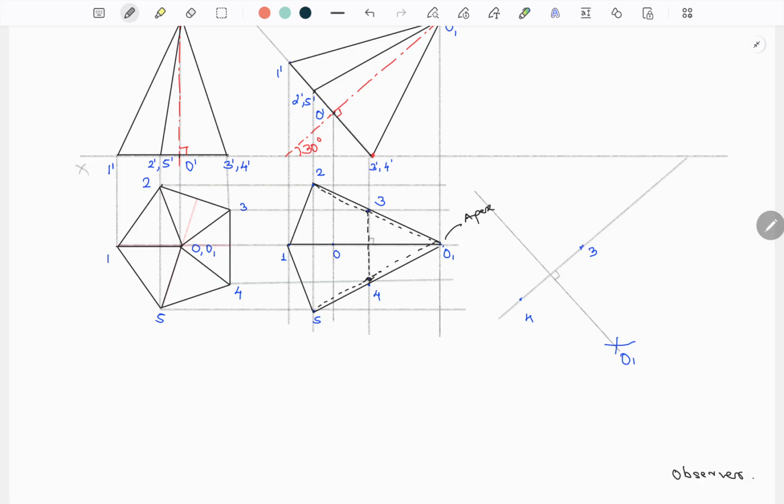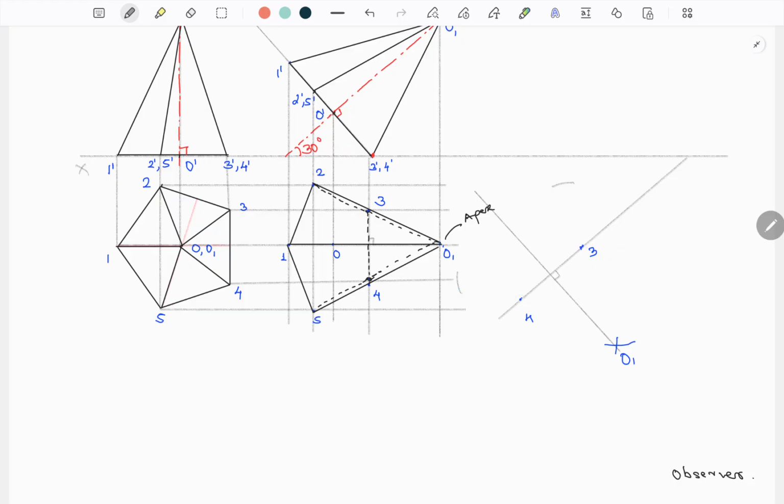Now if I want to locate point 2, how to locate point 2? Take 3 to 2 in the compass, which will be equal to 4 to 5. 3 to 2, cut an arc. Similarly here 4 to 5, cut an arc.